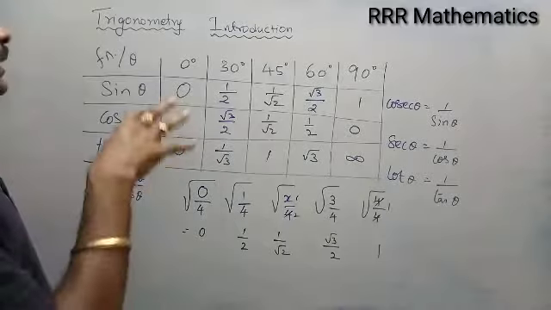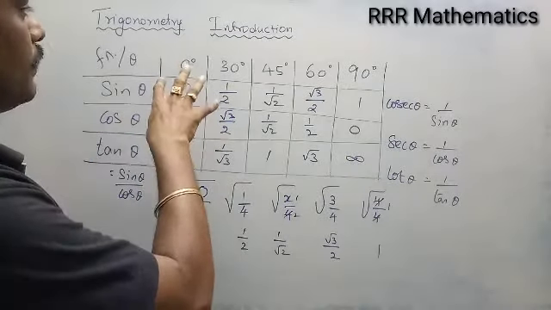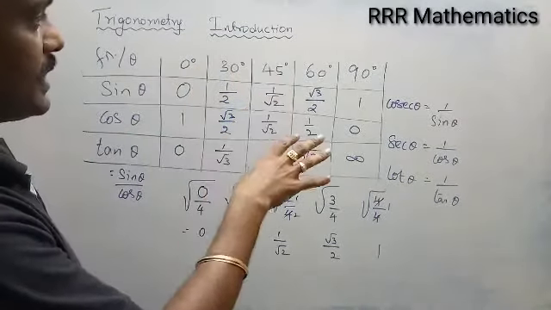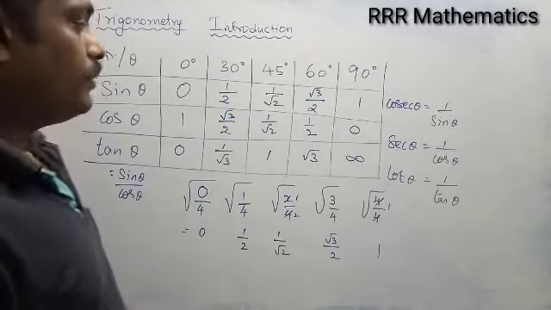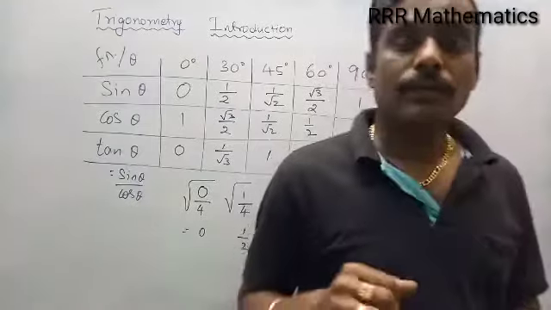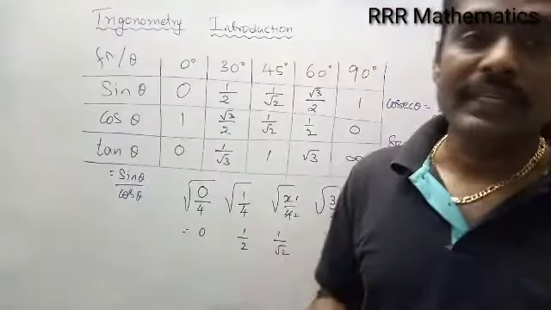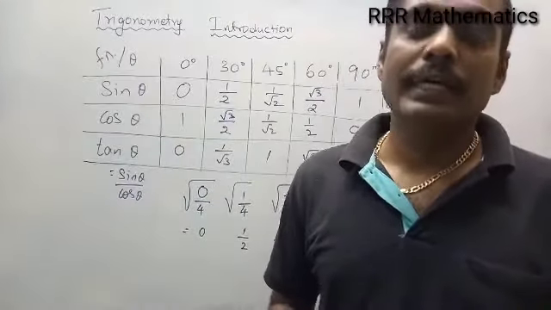Is it clear? In 10th standard, we discuss only a few standard degrees, which are 0, 30, 45, 60 and 90. Now, in 11th standard, we are going to discuss n degrees where n belongs to real numbers.